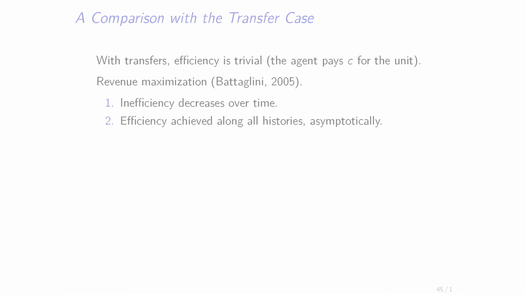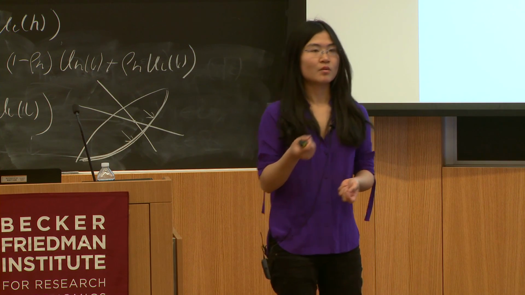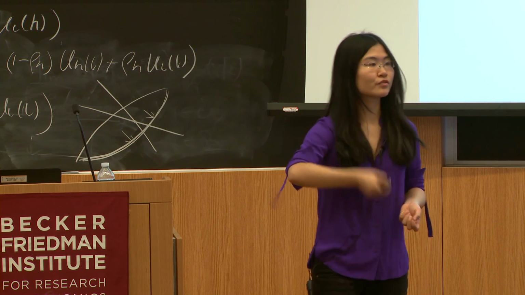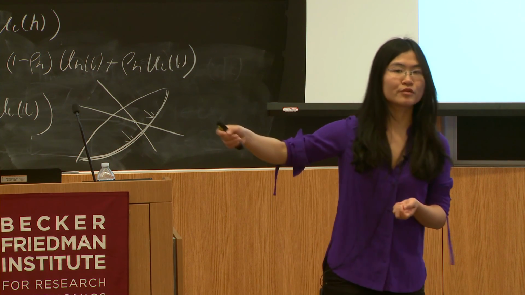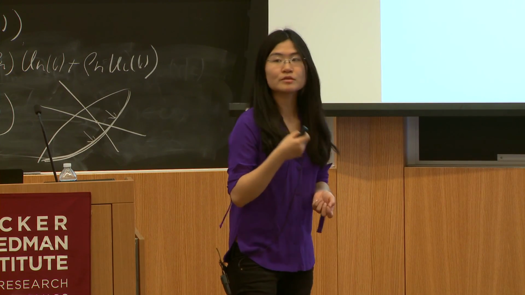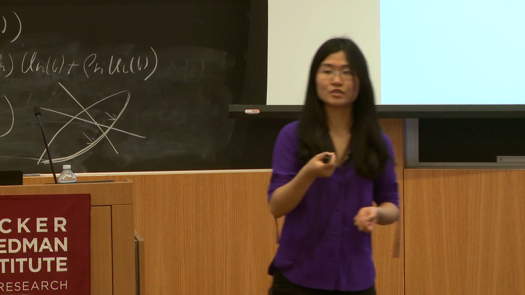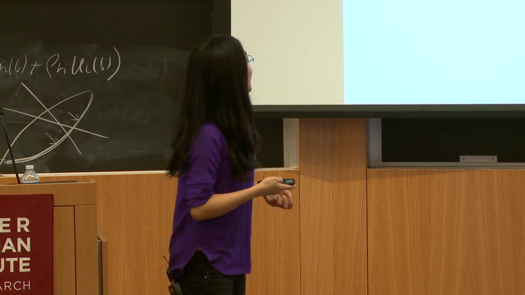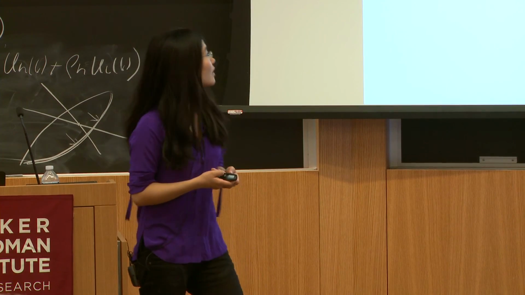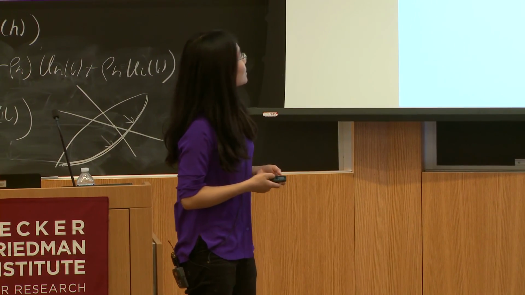So if you think about the intuition with the IID case, the principal will only need to distort the allocation in the first period, and from the second period on, we will have efficient allocation. Also, the principal only needs to give the agent the information rent in the first period. So the results are very different in these two environments because the logic is different.